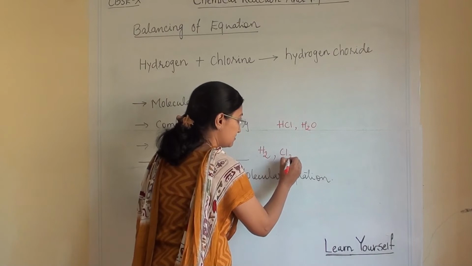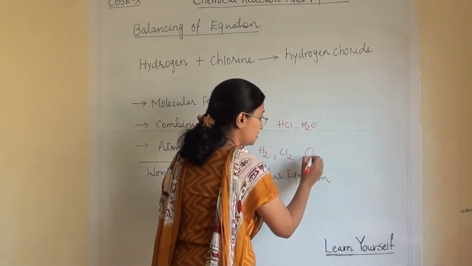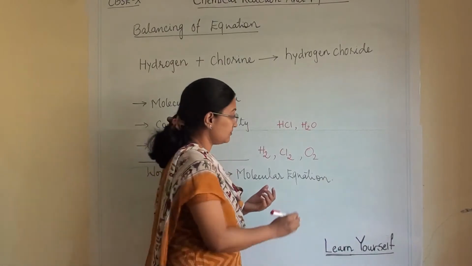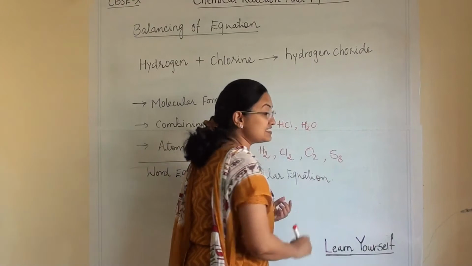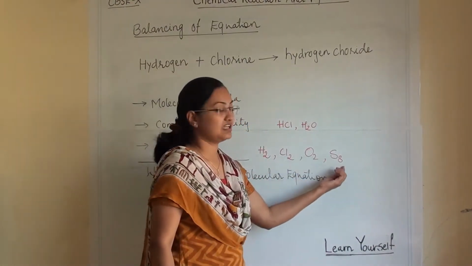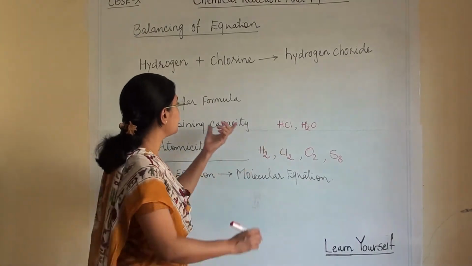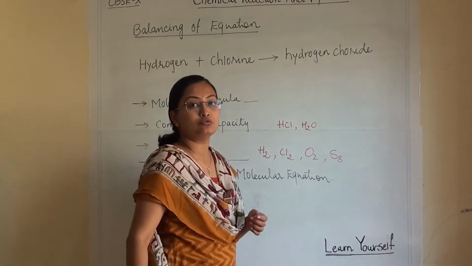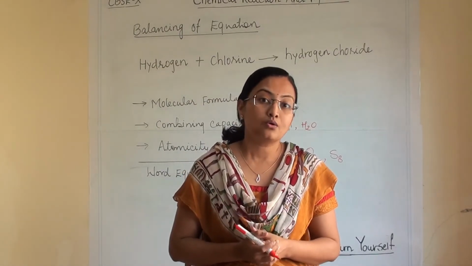Then chlorine is always Cl2. Then oxygen, O2. Then sulfur's atomicity is 8, so it is S8. So all these are basic things and molecular formulas for all those basic compounds which come in our course.